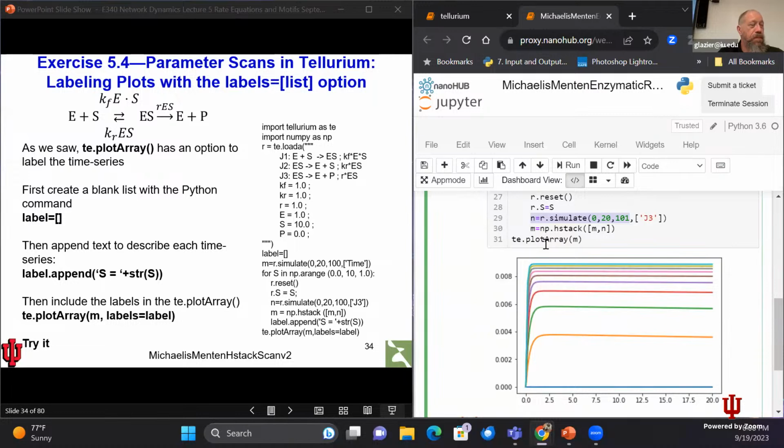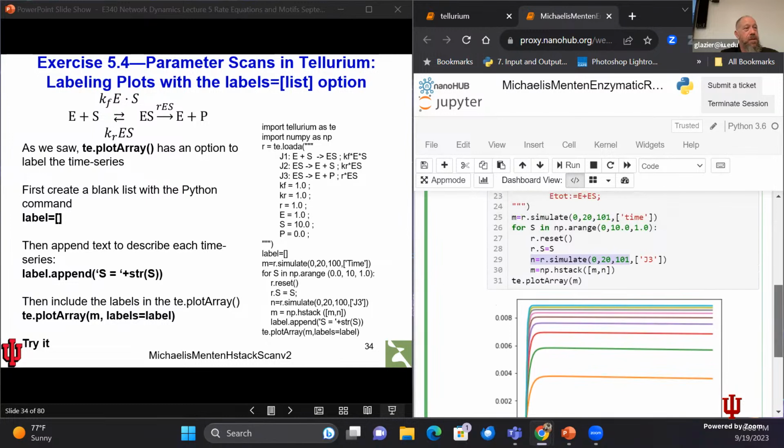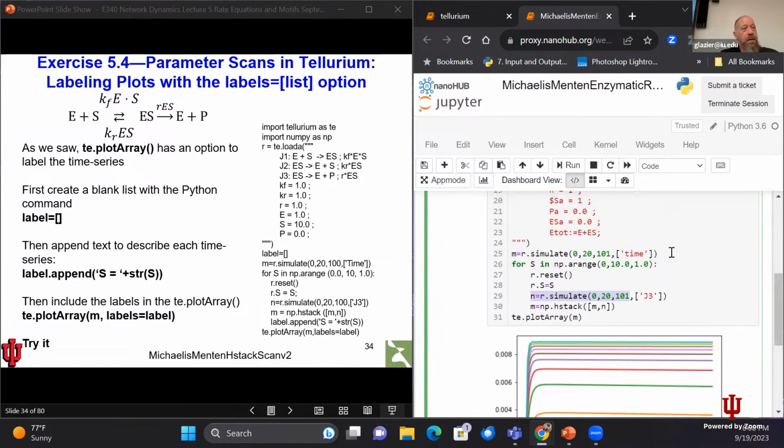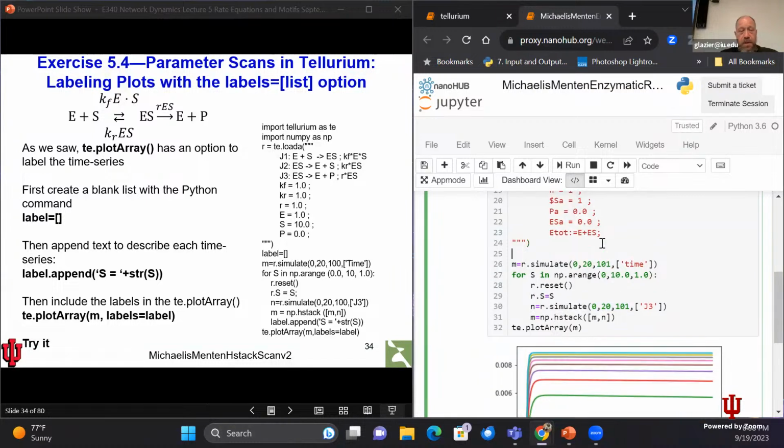So the plot array function has the ability to add labels. And so I can create a list of labels. There are a variety of ways I can actually do the labeling, but here I can do a list of labels. And so what I'm going to do is create a blank placeholder for labels, which I'll call label. And this is going to be a list. And then the labels is a series of strings.